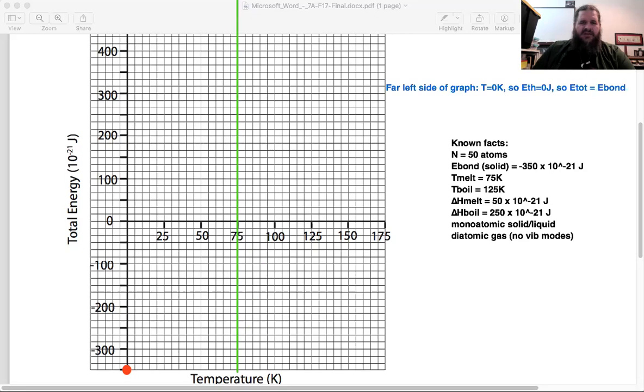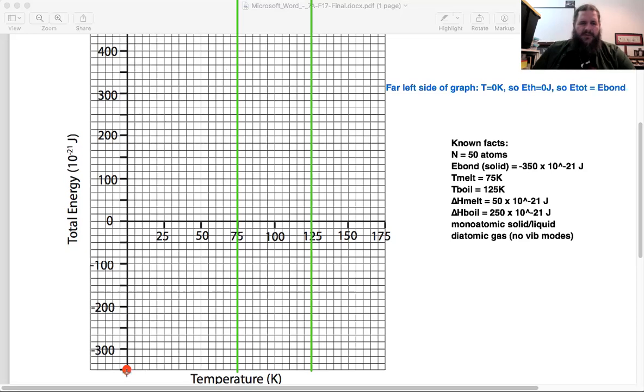We've got phase changes at 75 and also at 125. So we can essentially split this up into the solid phase and the liquid phase and the gas phase.